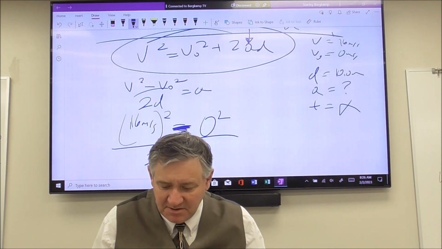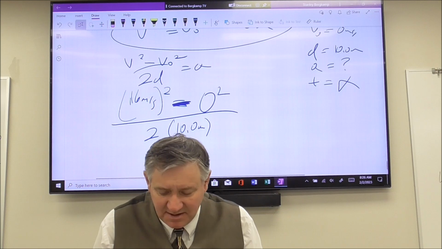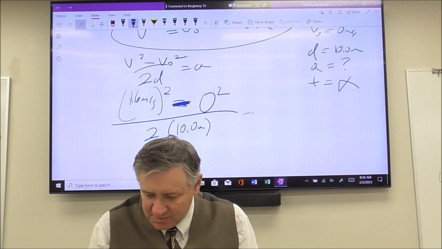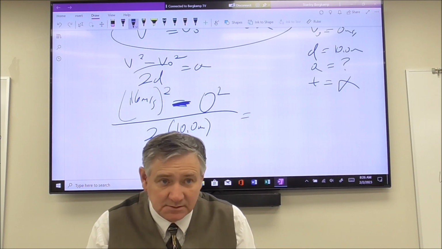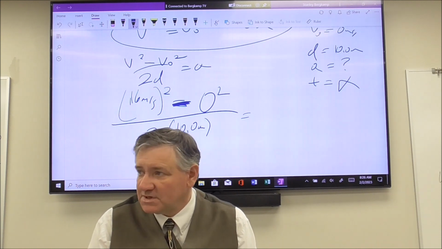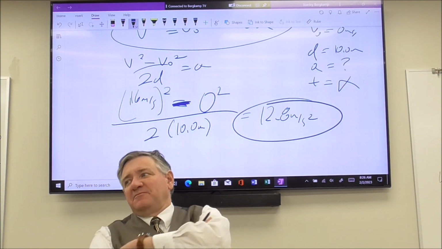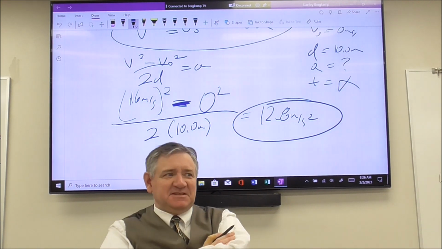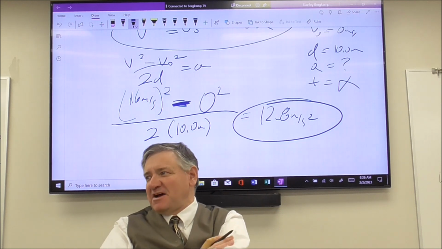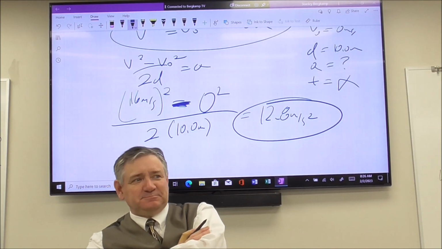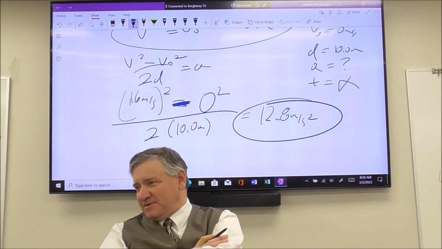All right, now, somebody do the math. Somebody take 16 squared and then divide that by 20. What'd you get? 12.8. Which is actually an amazing acceleration for a car. This would have to be like a top-end race car to get that kind of acceleration.